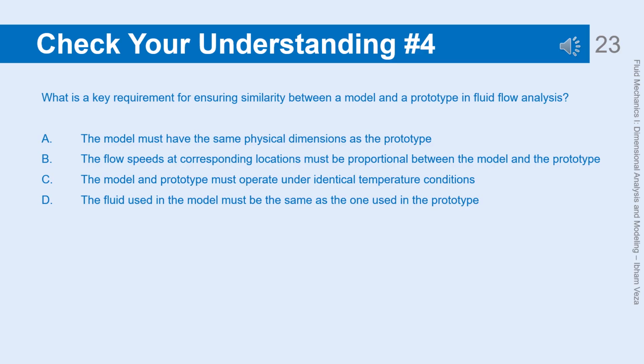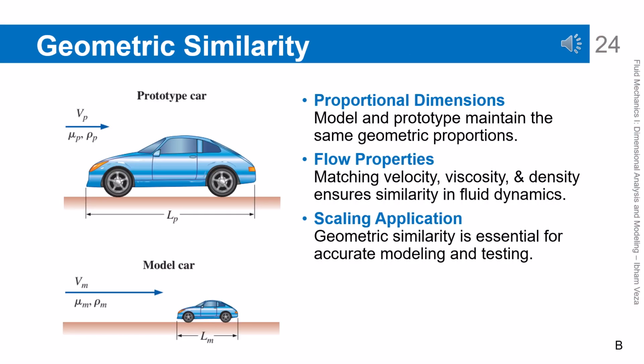Scaling ensures similarity. C is incorrect because identical temperature conditions are not always required as long as the scaling laws account for temperature effects. D is incorrect because the fluid properties can differ as long as dimensionless parameters like Reynolds number are matched.